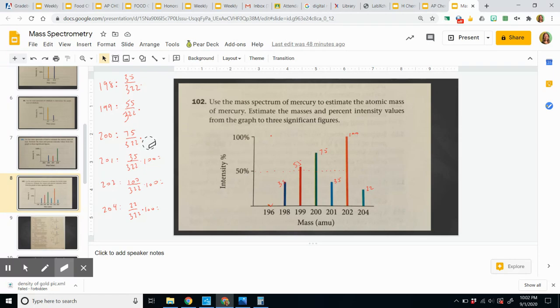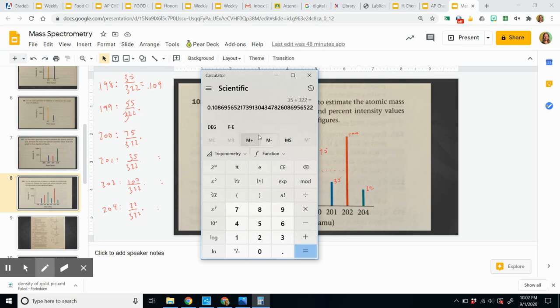Okay, that's going to leave me a little more room also. All right, so equals 0.109. Double check that. Yes, okay.